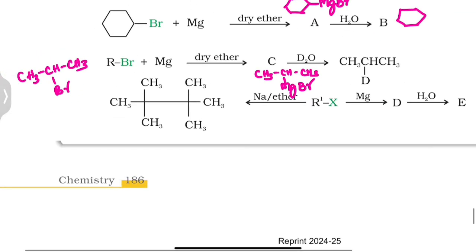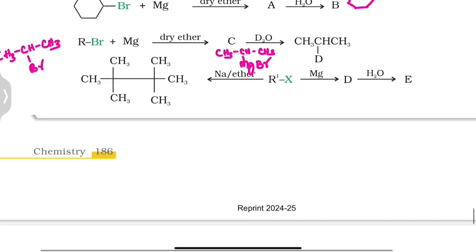Now once again go through this. CH3, CH, CH3Br, when you are treating with magnesium in dry ether, a bond will be formed between carbon and magnesium. Therefore you will be getting CHMgBr. When you are treating with D2O, this will be removed and deuterium will be attached in that place. So C will be this.